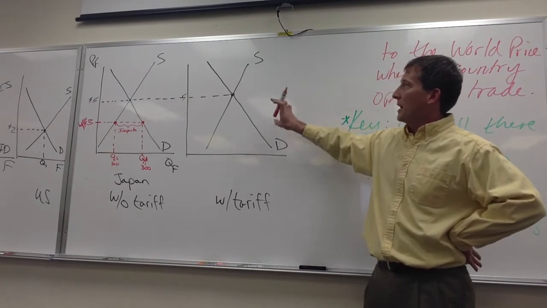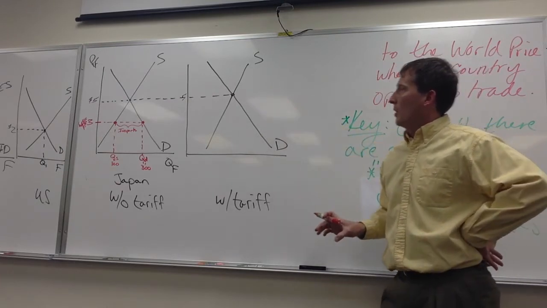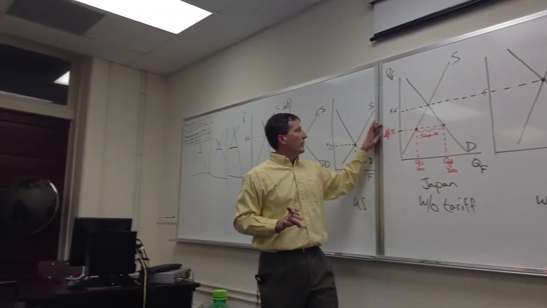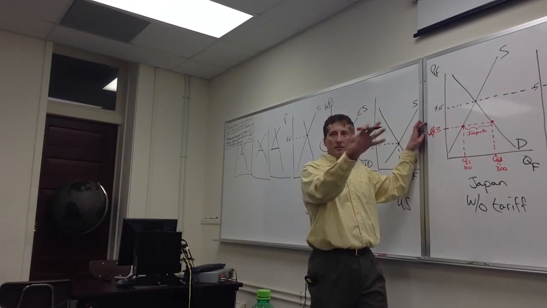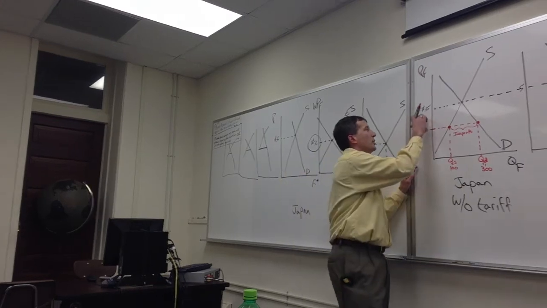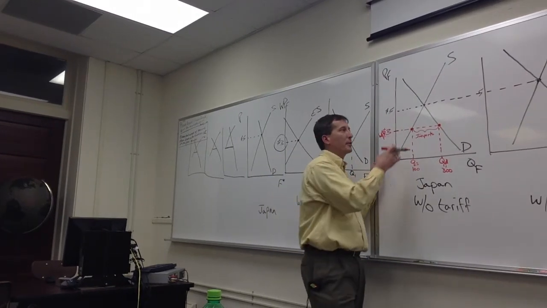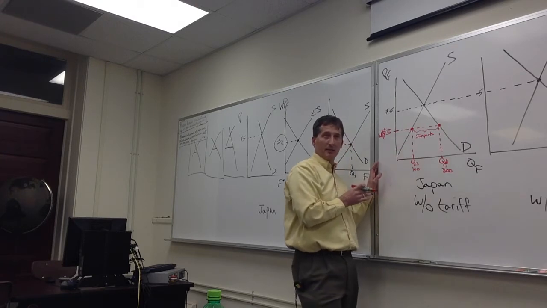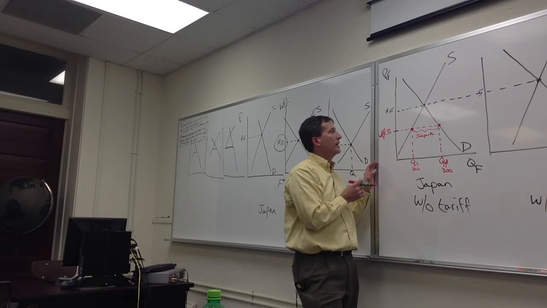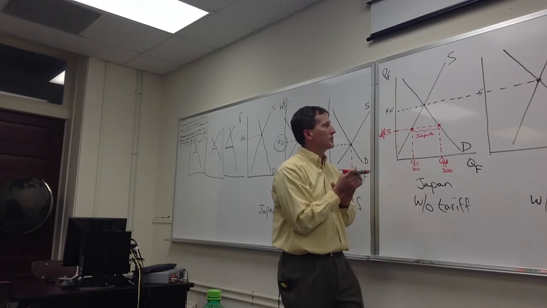Now we're going to impose a tariff. And so for this country, they're going to add a $1 tariff at the border, let's say. So they're going to charge $1 on every import that comes in. What's going to happen if we effectively charge $1 to each one of those producers?